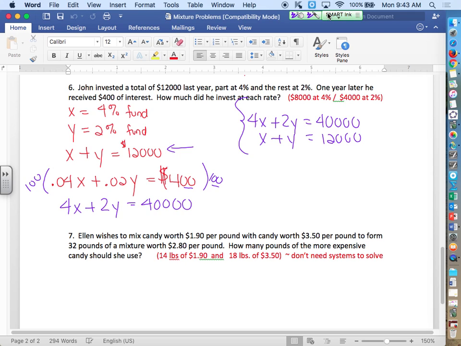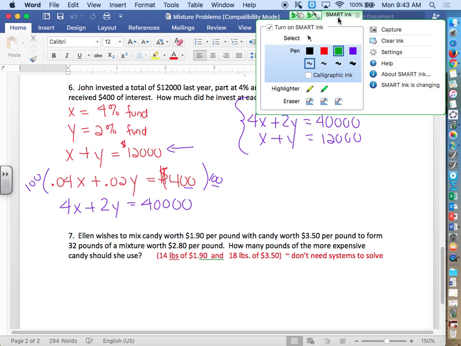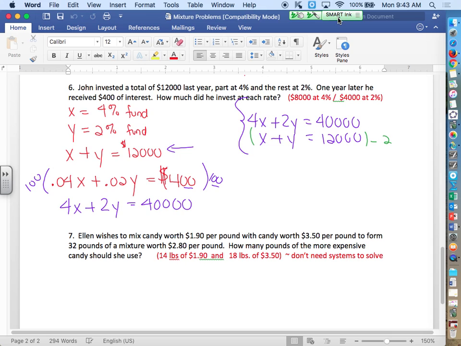There's my system. I'm probably going to multiply that second equation times -2. So that would give me -2x minus 2y equals -24,000. And that first equation is just the same equation, 4x plus 2y equals 40,000. This is what we're adding together. 2x, the y's will cancel out.